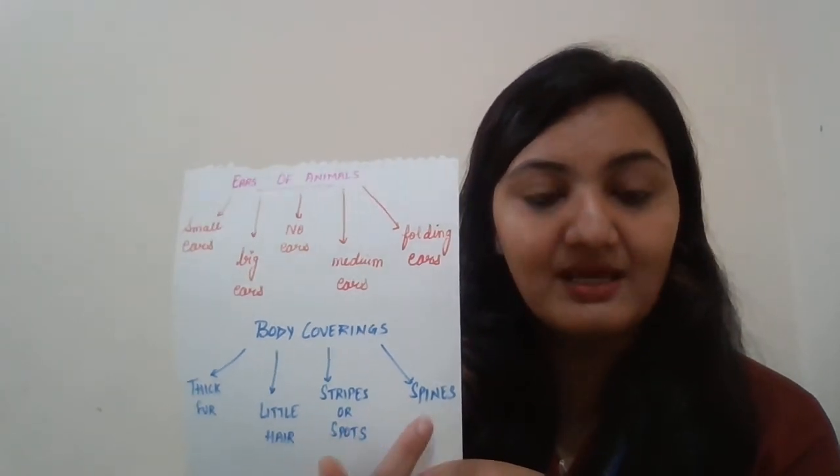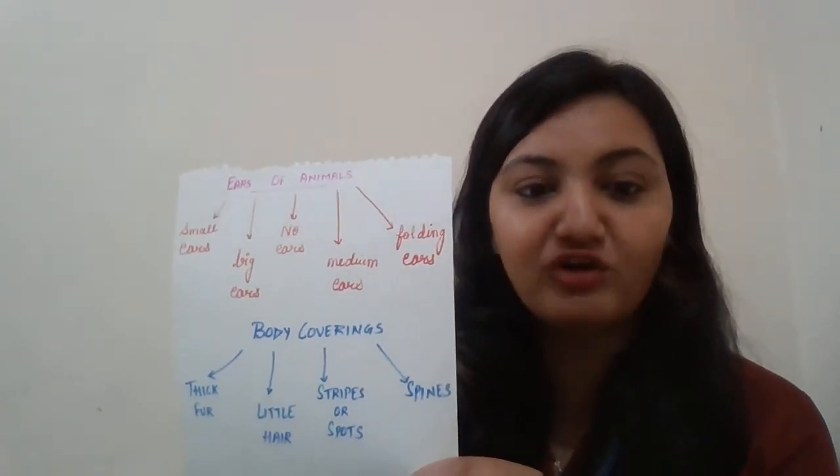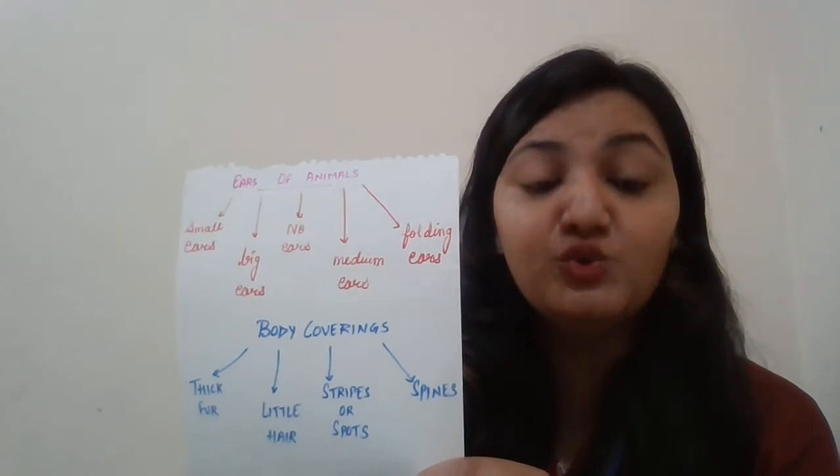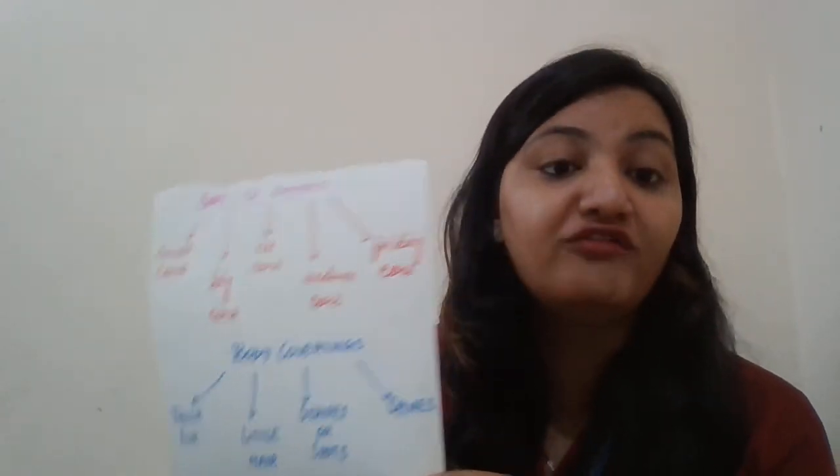Then come spines. Animals like the porcupine have a lot of spines on their body. They use these spines in time of danger. If they feel that some animal or human being is coming near them and they are afraid or in danger, they use their spines.